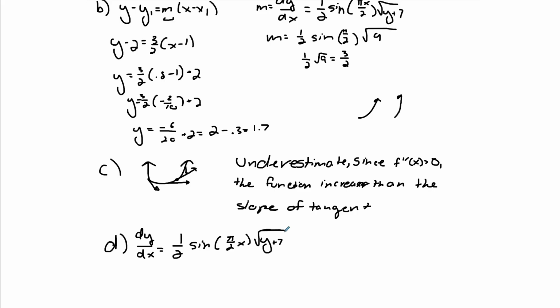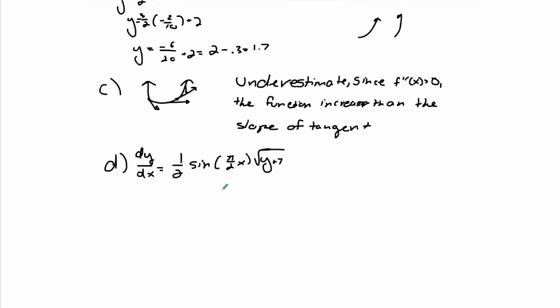So we could write 1 over the square root of y plus 7 equals 1/2 sine of pi over 2x, and then we would have a dx, and there should be a dy here. That's the whole point. So then we need to integrate both sides.